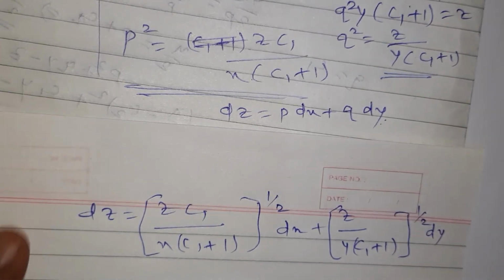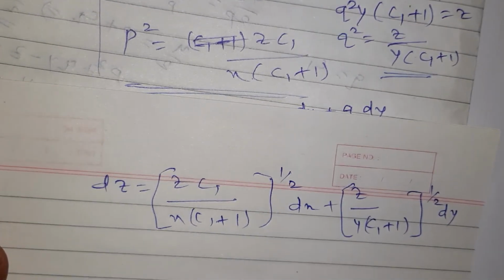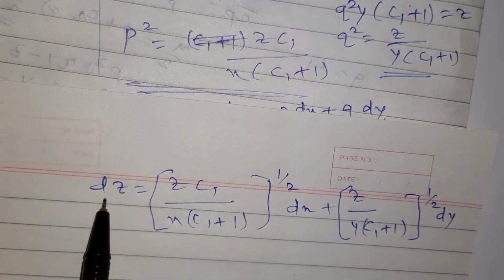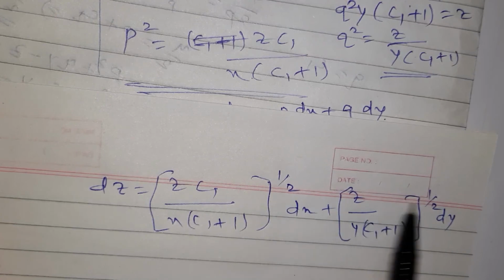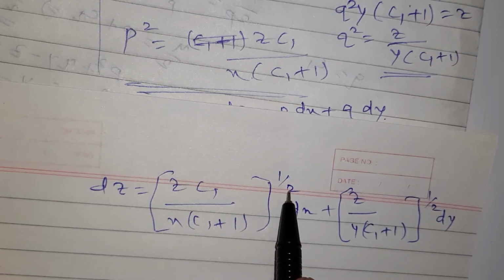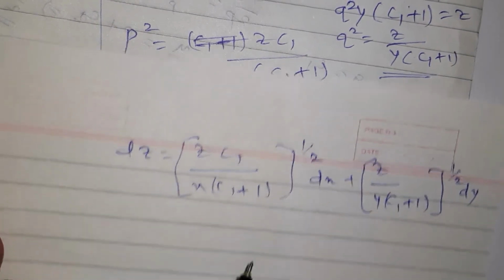Now you may think in your mind that here z is present, why did sir do it like this, but no problem. Here dz is there, z raised to half power is there, take it common and transfer to RHS.